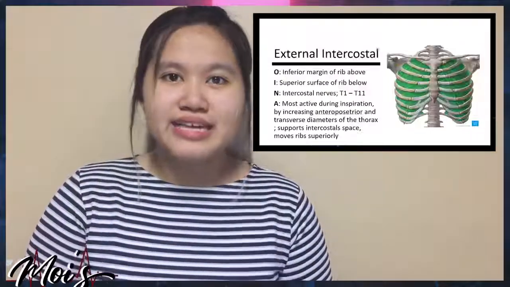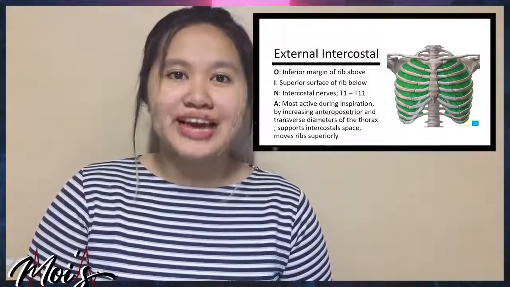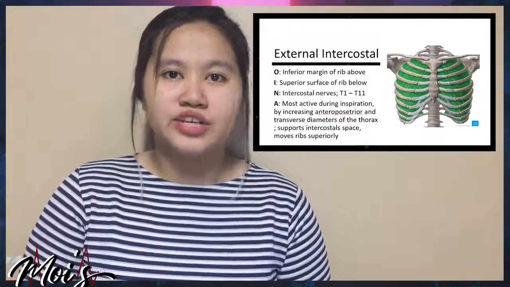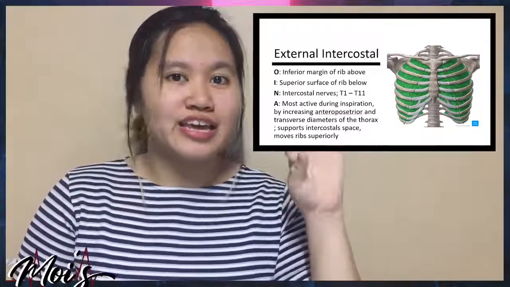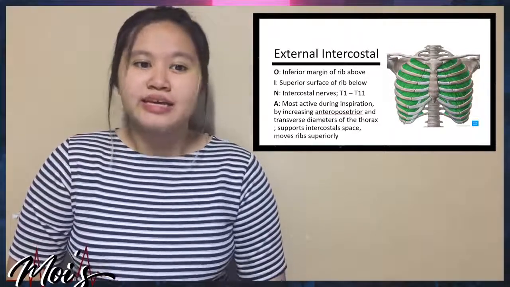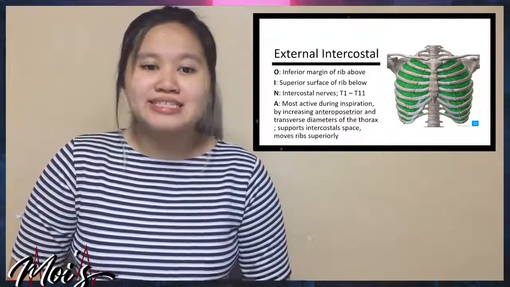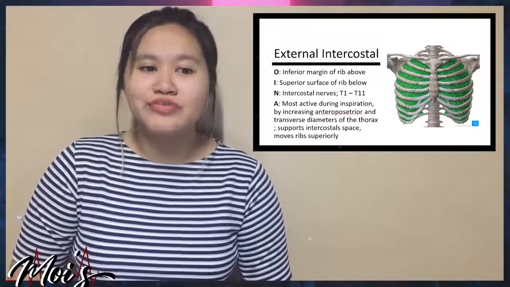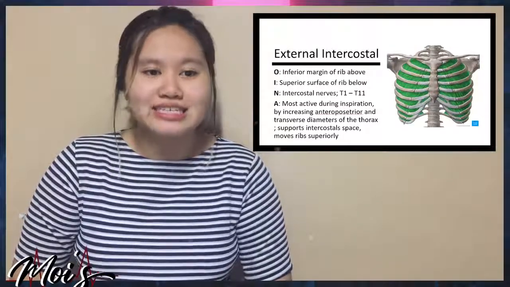The next one is the intercostals. We have 3 kinds of intercostals, which are the external, internal, and the innermost. The first one is the external intercostal. It is the muscle of the thorax that extends from the tubercles of the ribs behind to the cartilages of the ribs in front.